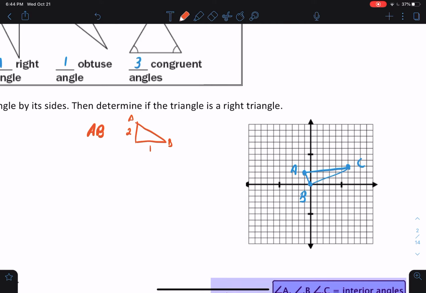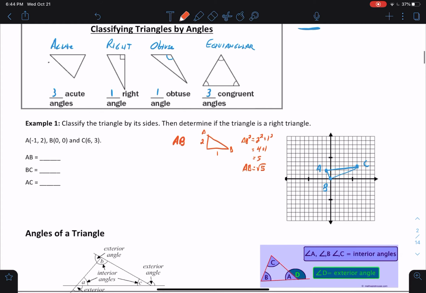So AB squared is equal to 2 squared plus 1 squared, which is 4 plus 1, which is 5. So AB is the square root of 5.